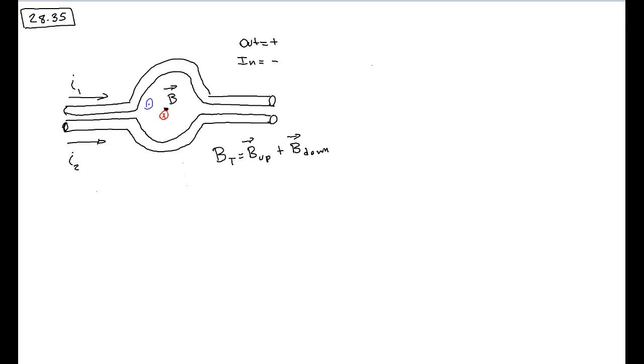So u sub 0 I1 divided by 4r, where r is the radius of the loop, minus u sub 0 I2 over 4r. You can factor out the u sub 0 divided by 4r, and what you have left behind is I1 minus I2, and that will be out.